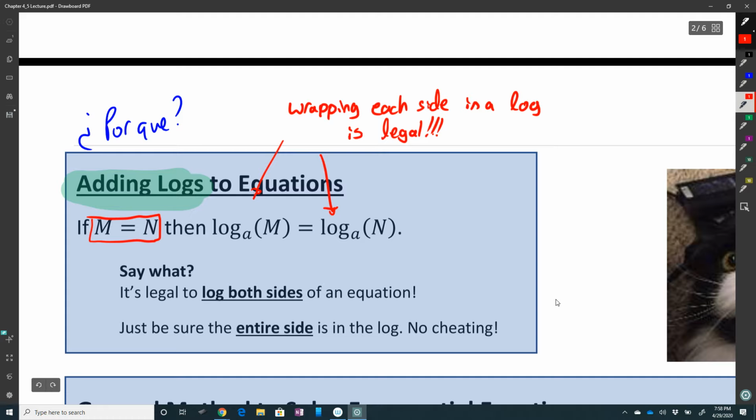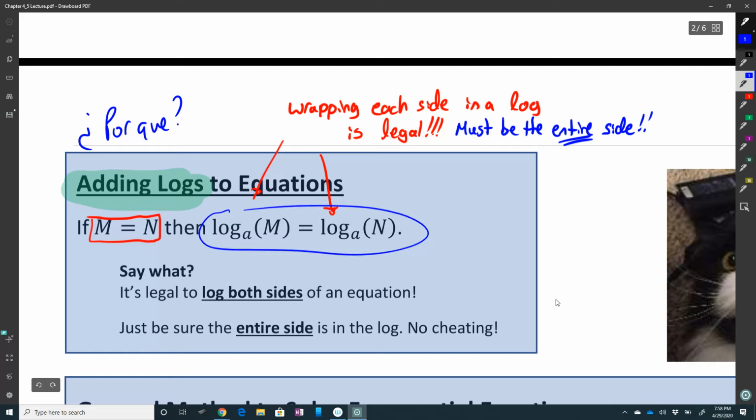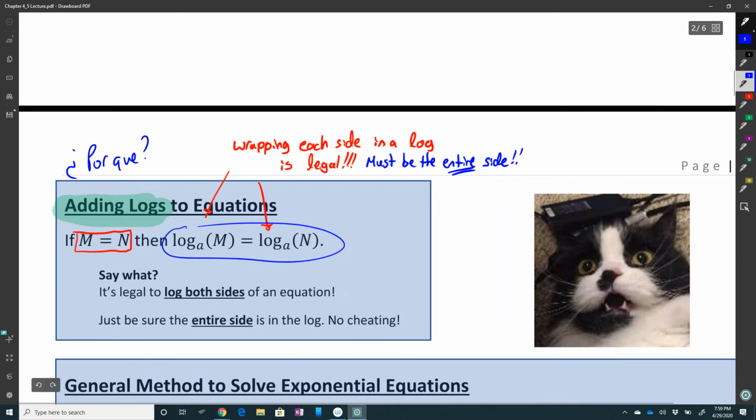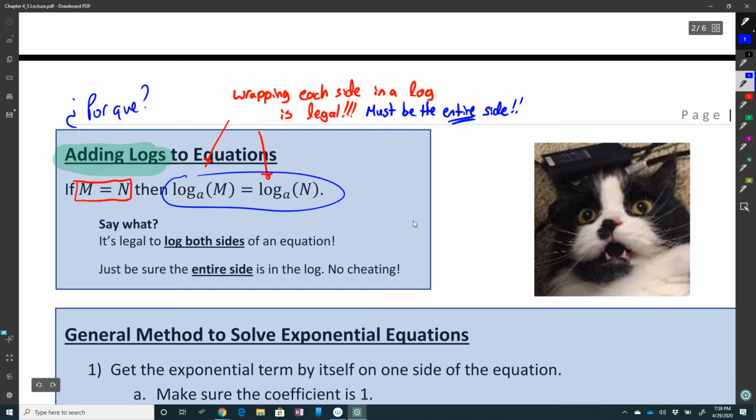But it has to be the entire side. You can't pick and choose what you log. Okay, so why would we do that? Notice we had m and n. It's the same thing as log of m equals log of n. So I wrapped a log on each side. Okay, you can't cheat. Must be, again, the entire side.